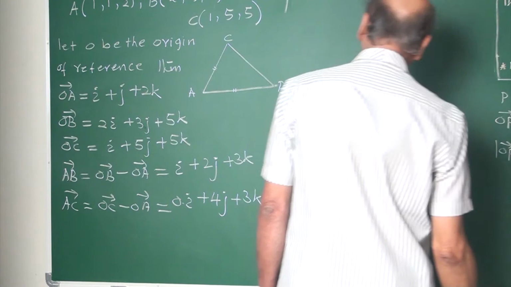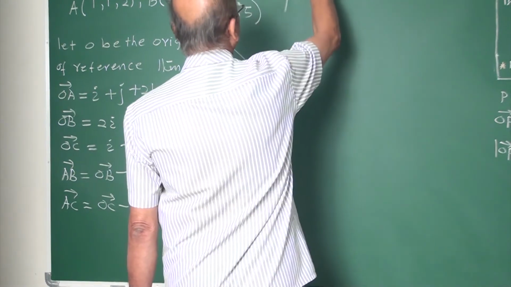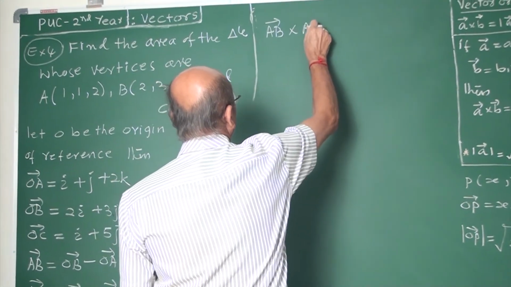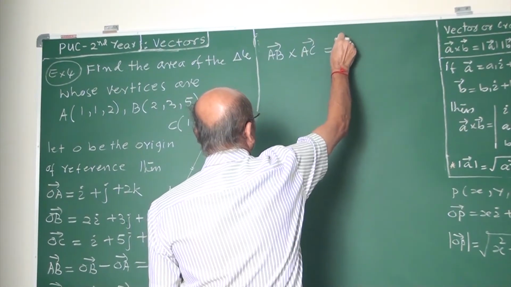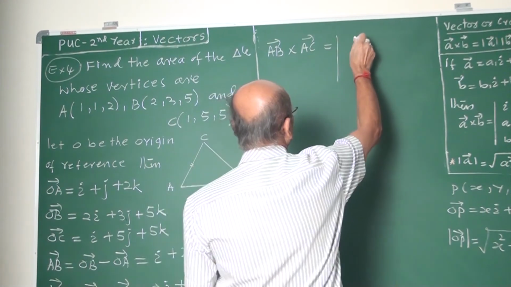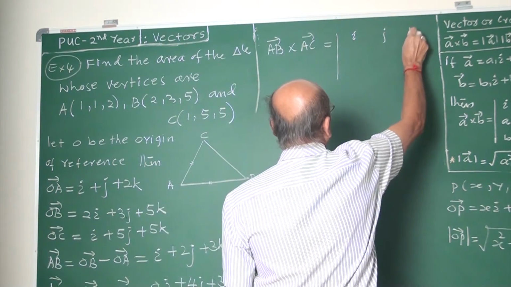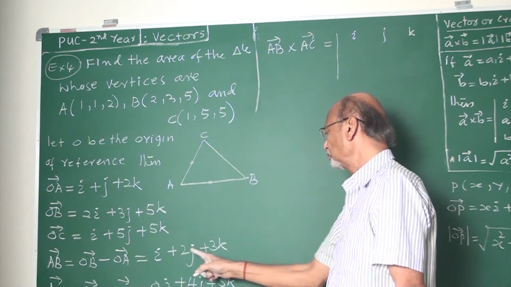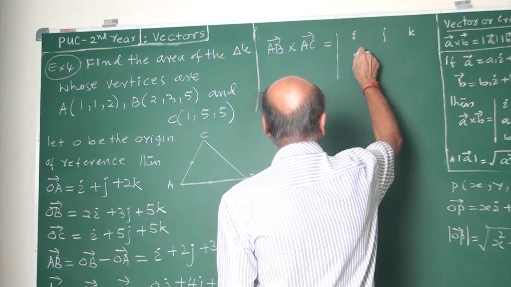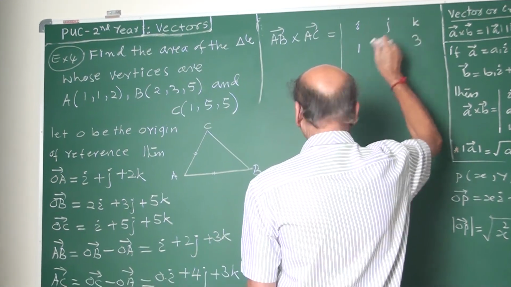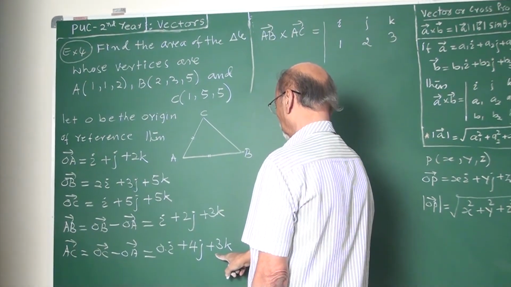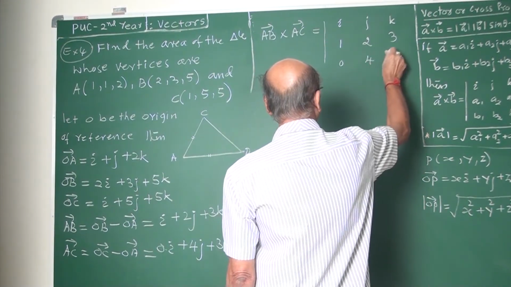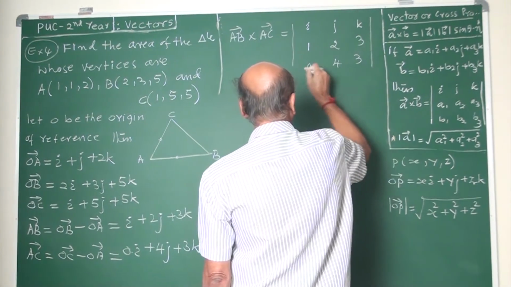Now, AB cross AC is a determinant i j k. Components of AB 1, 2, 3. Components of AC 0, 4, 3. Yes, my friends. Rest is what?